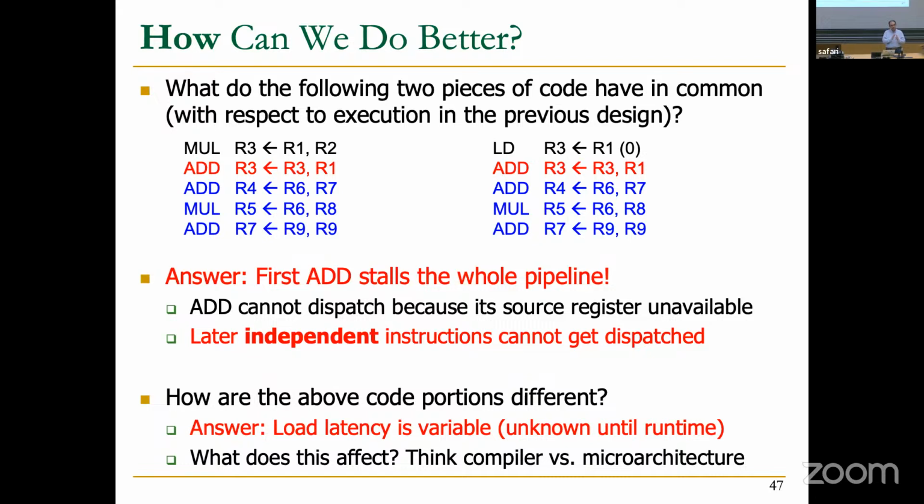There are also compilers that aggressively do that for VLIW processors, which I don't think we have time to cover. But for instructions whose latency is variable, like the load latency, things are really hard to handle at compile time because you really need to verify it at runtime, in the microarchitecture.